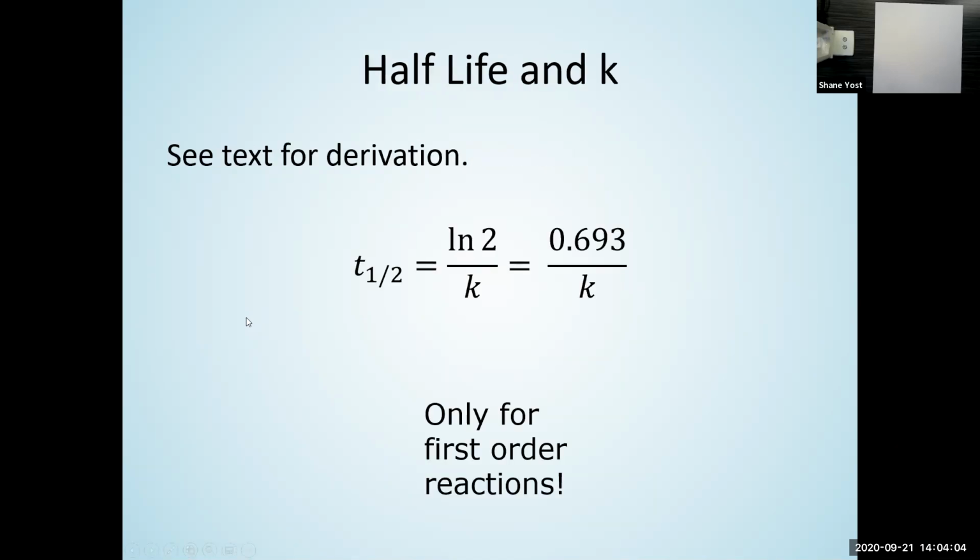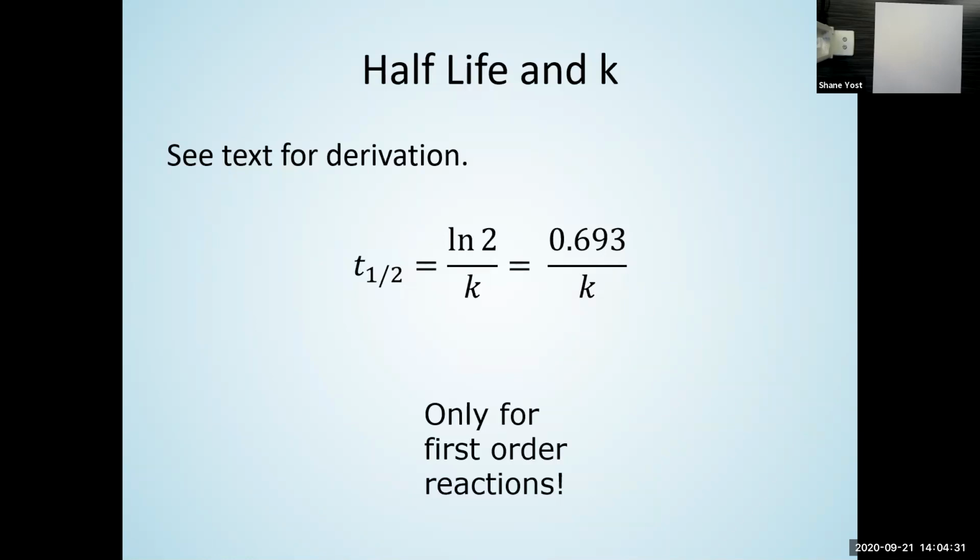For a first-order reaction, this equation here is only true for first-order reactions. For a first-order reaction, the half-life is inversely related to the rate constant k. See here, ln of 2 is just a number, 0.693, and it's over k.